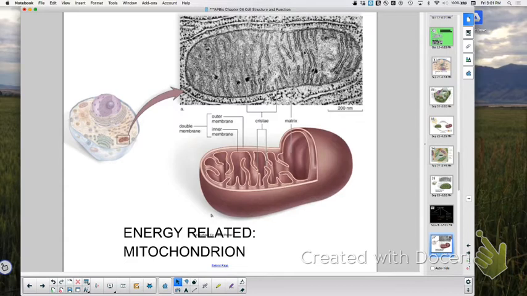There are several other reactions that occur. The Krebs cycle occurs inside the matrix, the very center. The electron transport chain occurs on the cristae, the Krebs cycle is in the interior. Those would probably be the only two I would know on that. Again, it's going to be a lot easier for you to remember that once you understand those reactions and we do them. It'll make more sense, and structure does equal function.